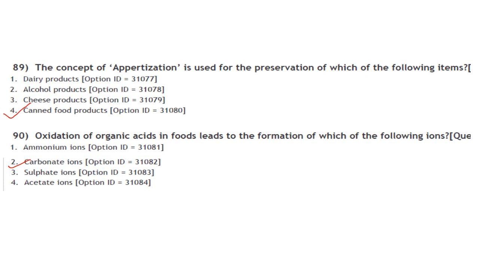So appertized products have a long shelf life even when stored at ambient temperatures. So it is used for the preservation of canned food products. Answer is option 4. Oxidation of organic acid in foods leads to the formation of which of the following ions? So it is carbonate ions. Answer is 2.